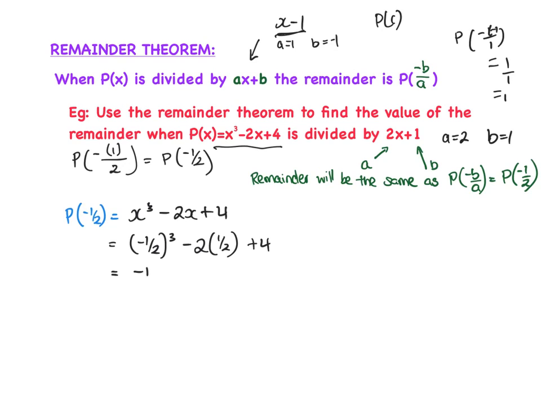So that would be negative 1 over 8 minus, what's this going to be, 1 plus 4. And then you can just simplify that, and it'll end up being 39 over 8 remainder. So you keep that. All right, so that's quicker. Good, so you're saying this should be negative.